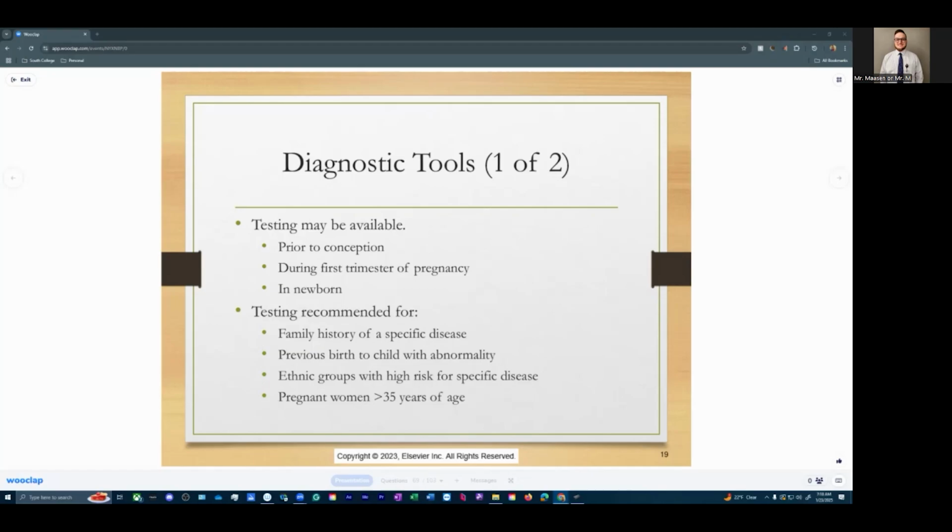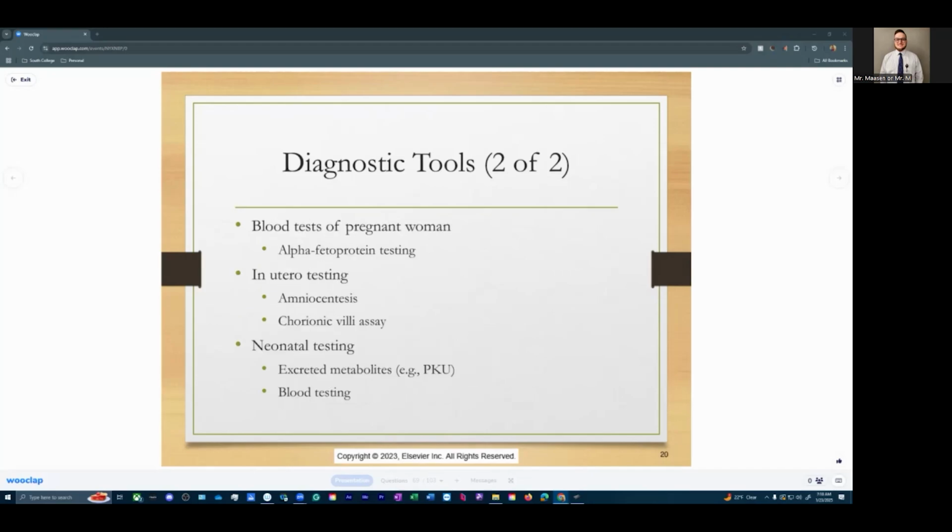There are also certain ethnic groups and regions in the world that have a high risk for specific diseases. And for women of older childbearing age, over 35, the risk starts to increase after that age bracket. Again, there are blood tests, in utero testing, amniocentesis, chorionic villi assay, neonatal testing, those kinds of things. So you don't necessarily have to know all the testing.